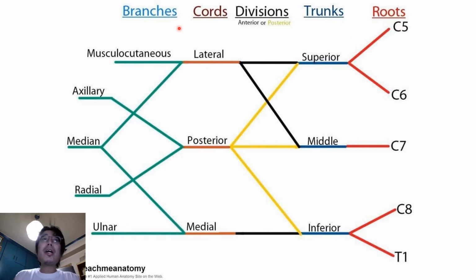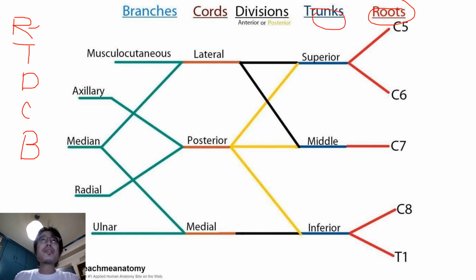To remember the five main components of the brachial plexus, we can adopt the following mnemonic: Richard Trunks Drinks Coffee Black. Like most of us, right? R stands for the roots, T for the trunks, D for the divisions, C for the cords, and finally B for the branches.